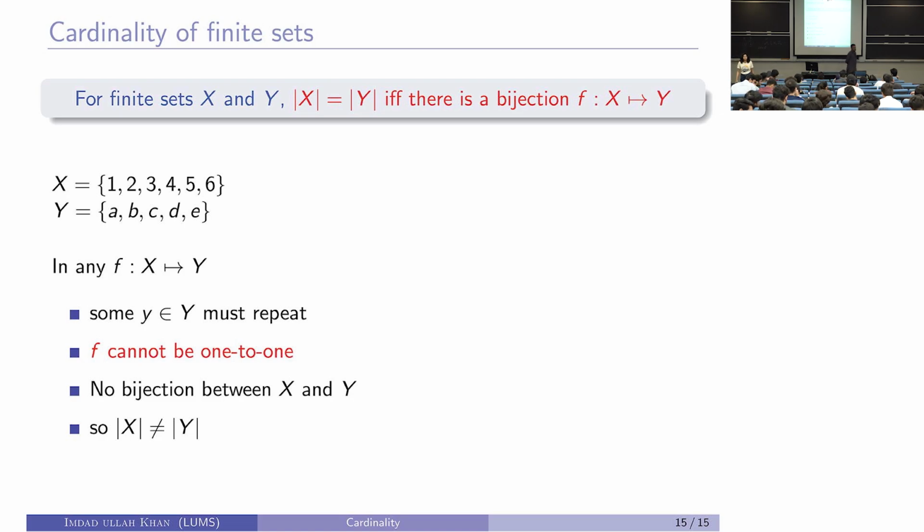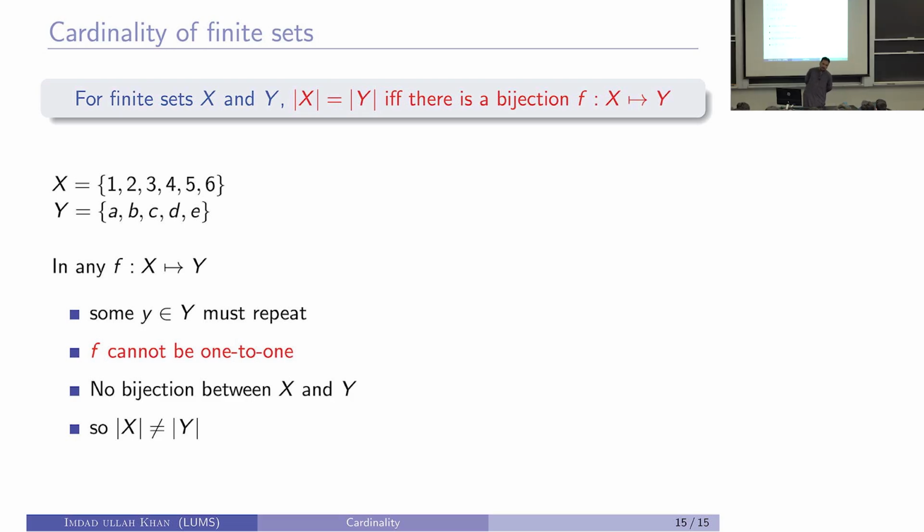Here is a set X with 6 elements, and set Y with 5 elements. The theorem says the cardinalities are not equal, so there must not exist any bijection between them. Suppose I have a function from X to Y. Can that function be a bijection? No. Why not?